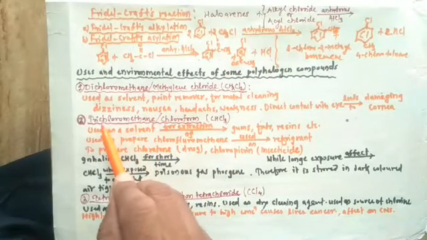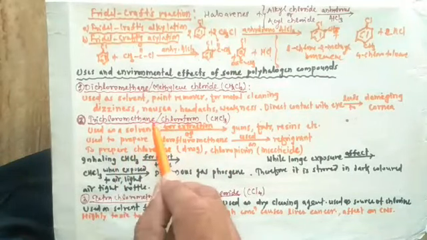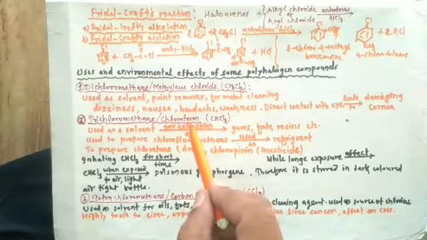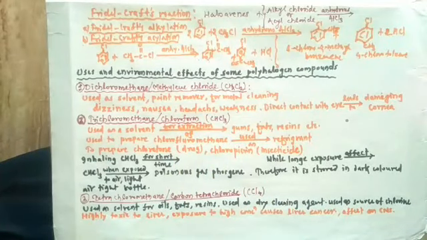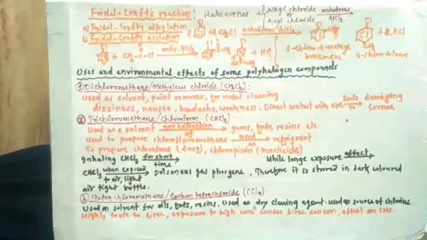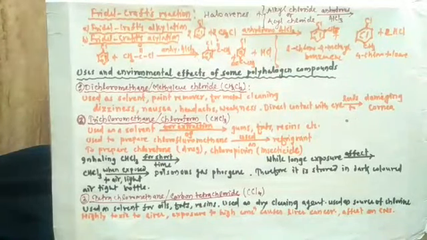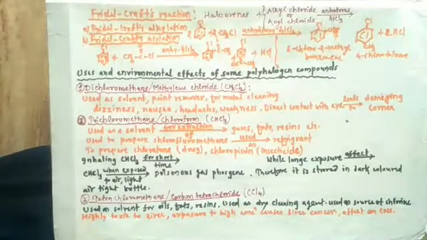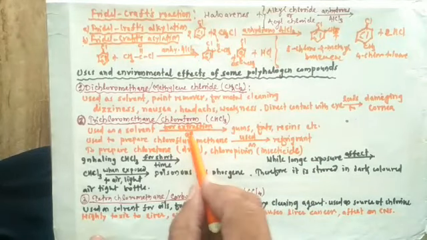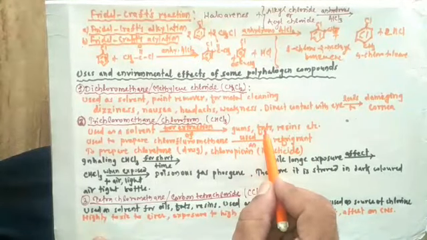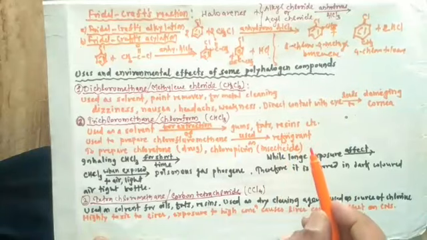The next compound is trichloromethane, whose common name is chloroform. Chloroform has the formula CHCl3. It can be used as a solvent in various reactions for the extraction of gums, fats and resins.